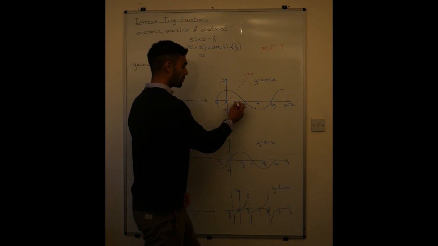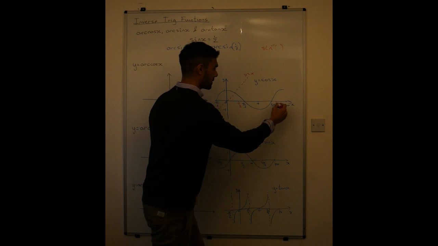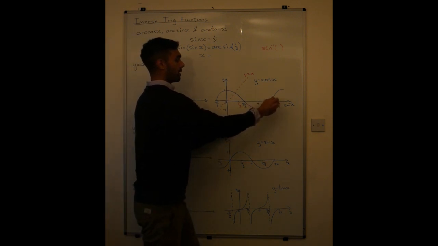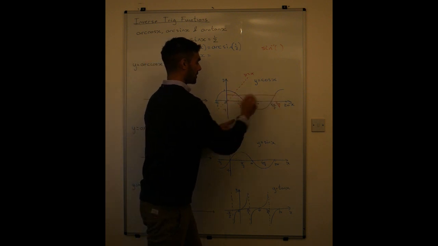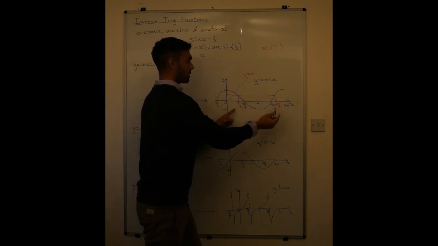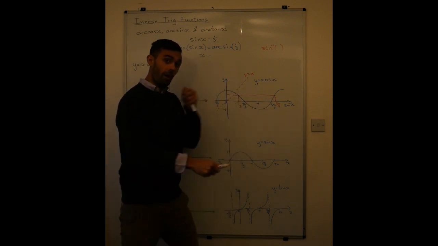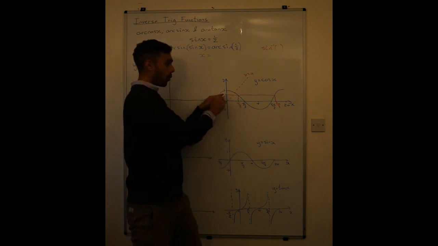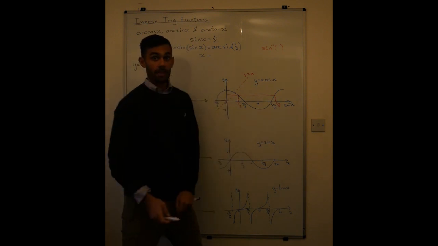I'll give you an example here at pi over 3 and 5 pi over 3. Okay, they're both mapping to the same y value. So there's many x's mapping to one y. The trouble with that is that when you do the inverse and you go from the range back to the domain, you're going to have one y value mapping to many x's. And that's not a function.